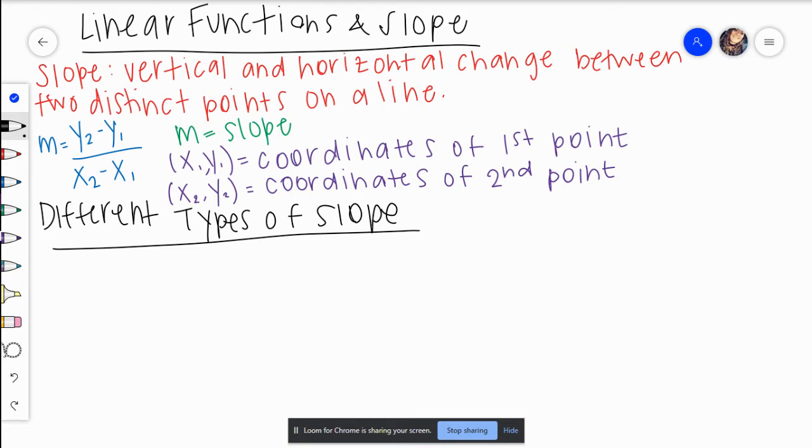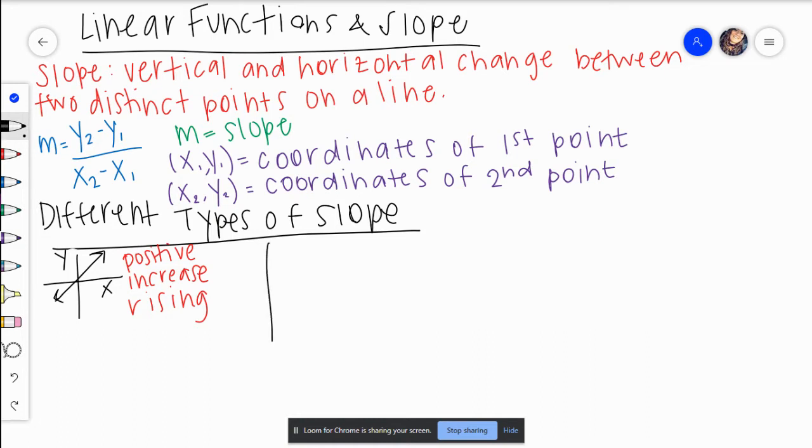If we have an xy axis and we have a line drawn similar to this, we would say that this line has a slope that's rising from left to right. Therefore, it would be increasing, and so it would be positive. So we have positive, increase, and rising.